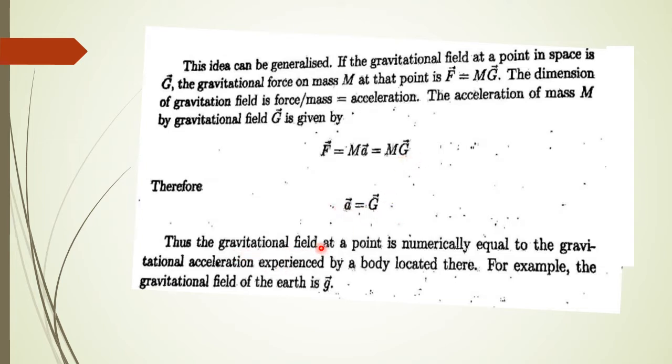Thus, the gravitational field at a point is numerically equal to the gravitational acceleration experienced by a body located there. For example, the gravitational field of the earth is g.